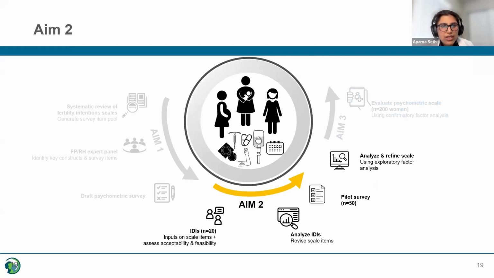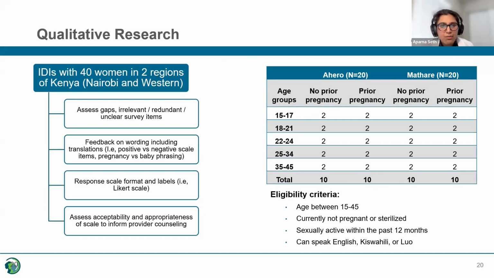Coming on to aim 2, which includes our in-depth interviews. We are conducting 40 IDIs in Kenya, in 2 regions, Nairobi and Western, in the Kisumu County. And there are 4 main objectives of these IDIs.